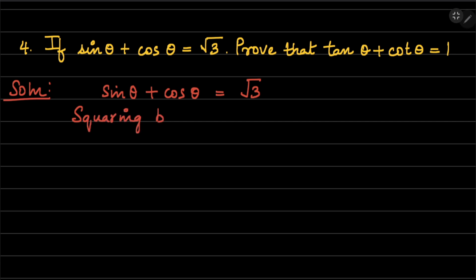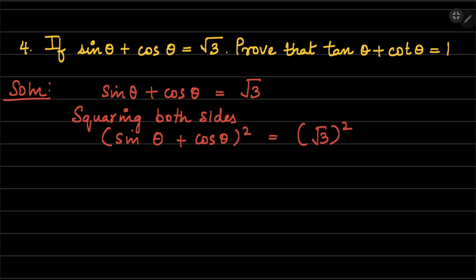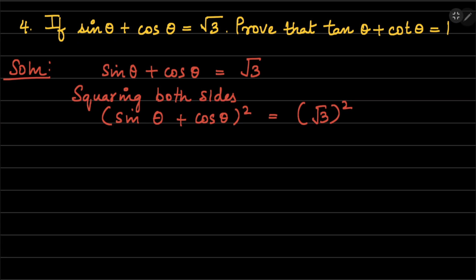When we square both sides, what does it become? Sine theta plus cos theta, the whole square is equal to root 3 the whole square. Now let's expand this using a plus b the whole square, which is a square plus b square plus 2ab.